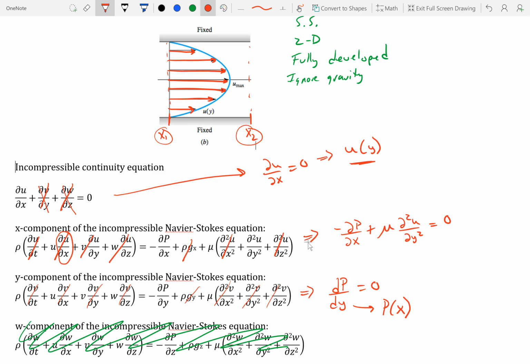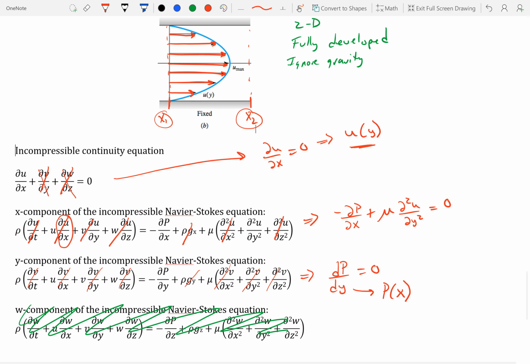So u is a function of y. When we look at the y component of the Navier-Stokes equations, the only term left is dp dy equals 0. That means that the pressure doesn't change in the y direction. It only changes in the x direction. So this pressure here, P1, is greater than P2.